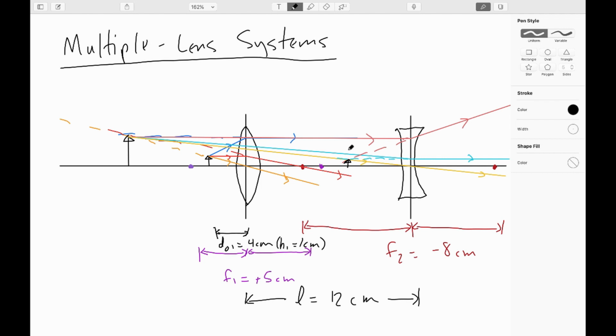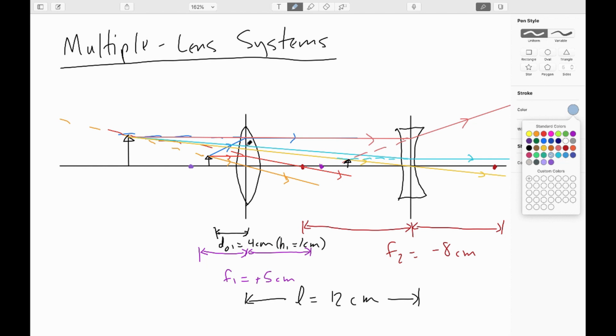So what is up with this using the intermediate image? Well, what it's really doing, and this is how I can justify this after the fact, is identifying the rays that we needed in order to be the special rays for the next lens.